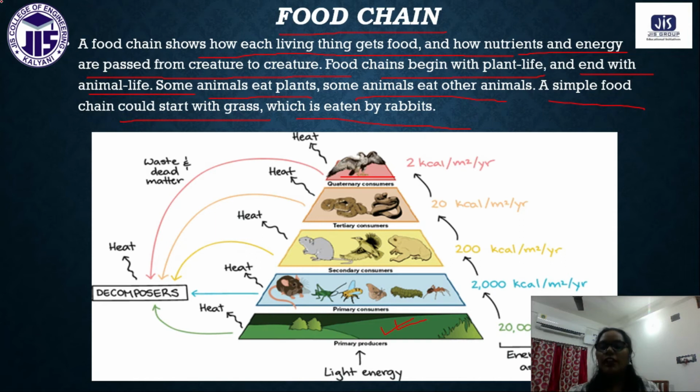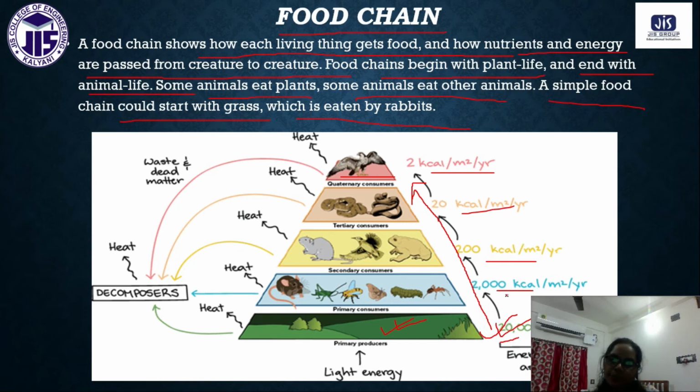So one more thing, if we go towards the upside, you can see the energy will decrease. The energy will be high at the bottommost layer, where the producers belong.